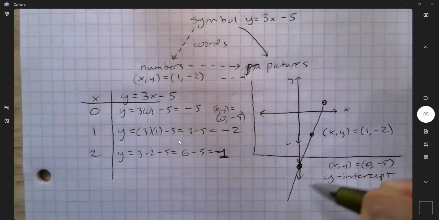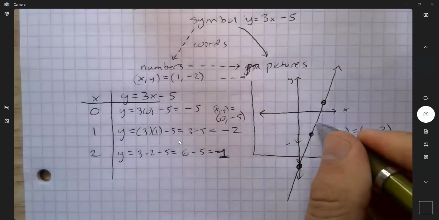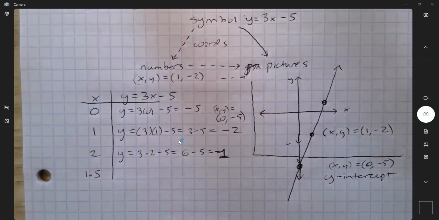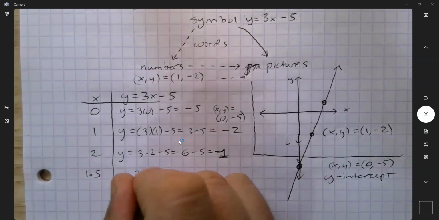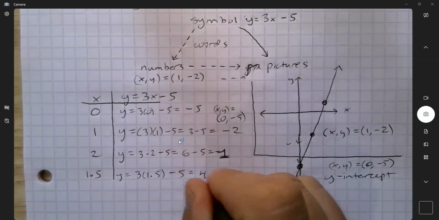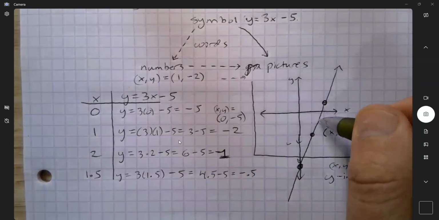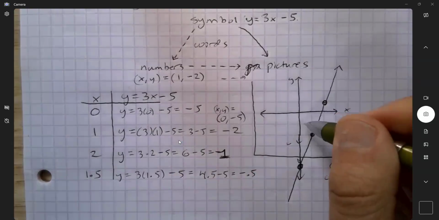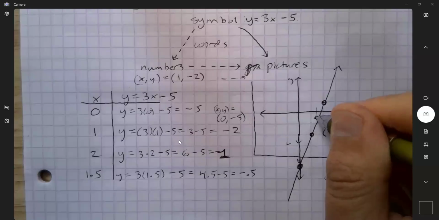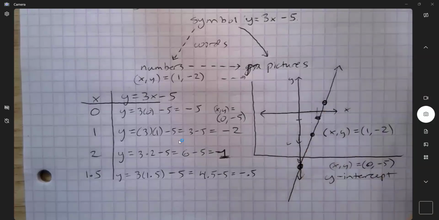And probably, even if I try a point in the middle, like, let's try x is 1.5. y is 3 times 1.5 minus 5, which is 4.5 minus 5, which is -0.5. And so when x is 1.5, y right there, more or less, is at negative 0.5.